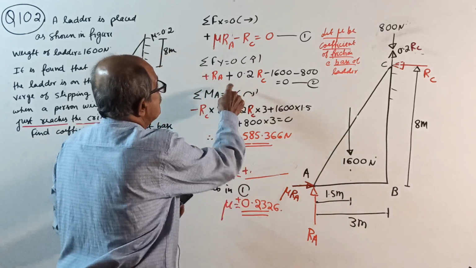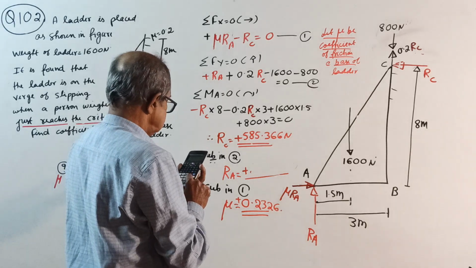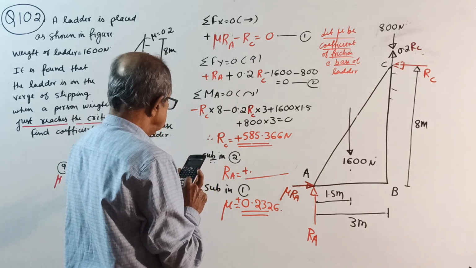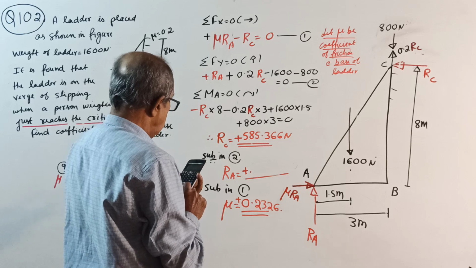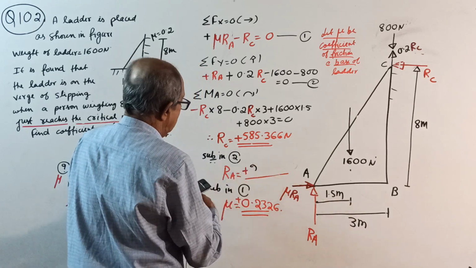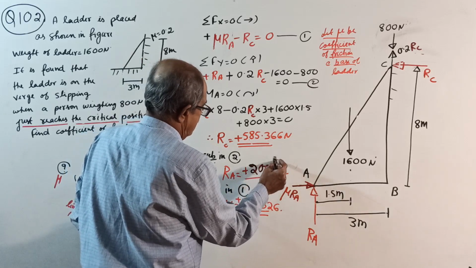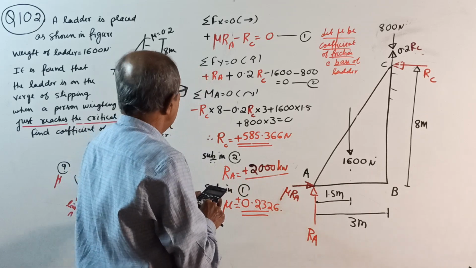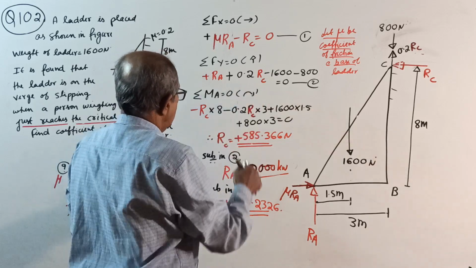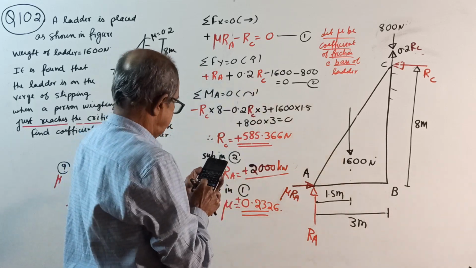Substitute in 2: 1600 plus 800 divided by 1.2. RA equal to 2000 kilonewton. Let me check once again. Oh, I did not use RC.